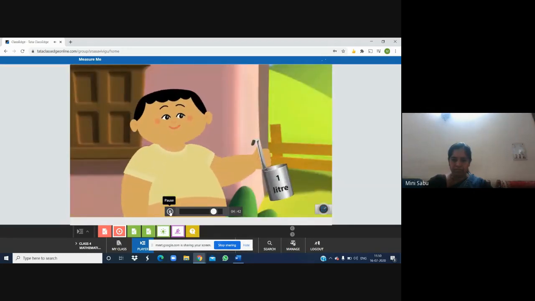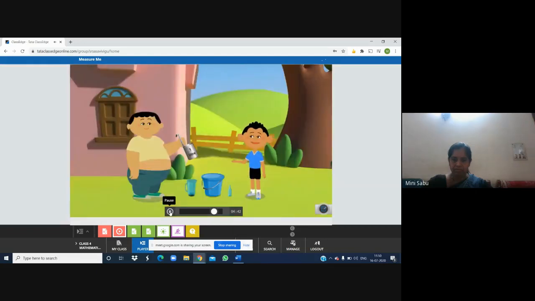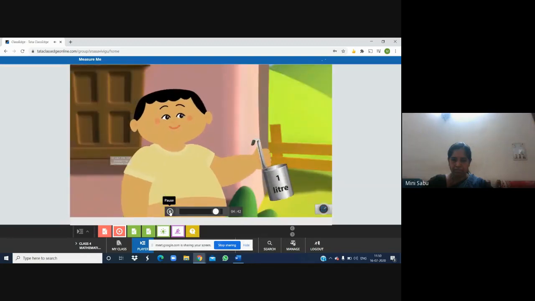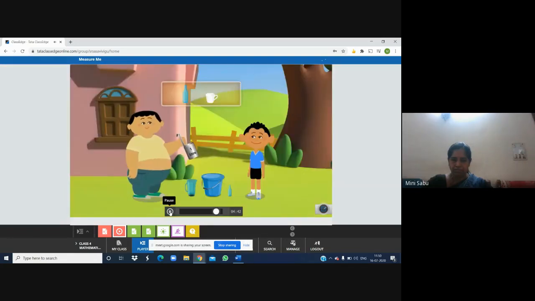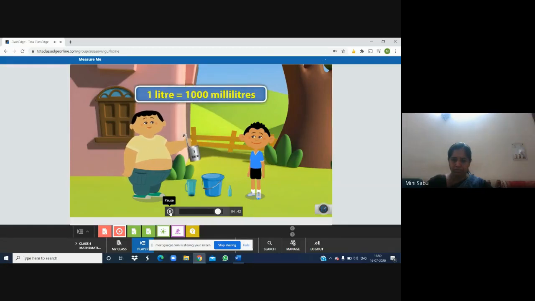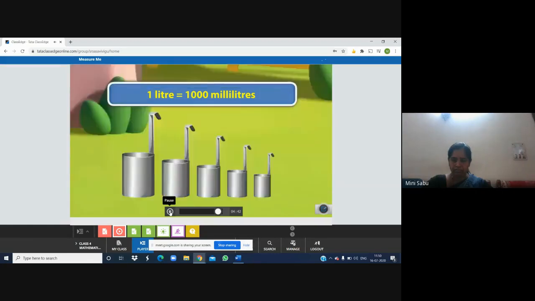That's brilliant, Pasha. Jiggy, can you tell me how to measure the capacity of a cup full of water? Isn't this 1 liter container too big to measure that? You're right, Pasha. To measure the capacity of objects that are less than a liter, like a cup or a small bottle, we use a smaller unit called milliliter. 1 liter is equal to 1000 milliliters. Look, Pasha.